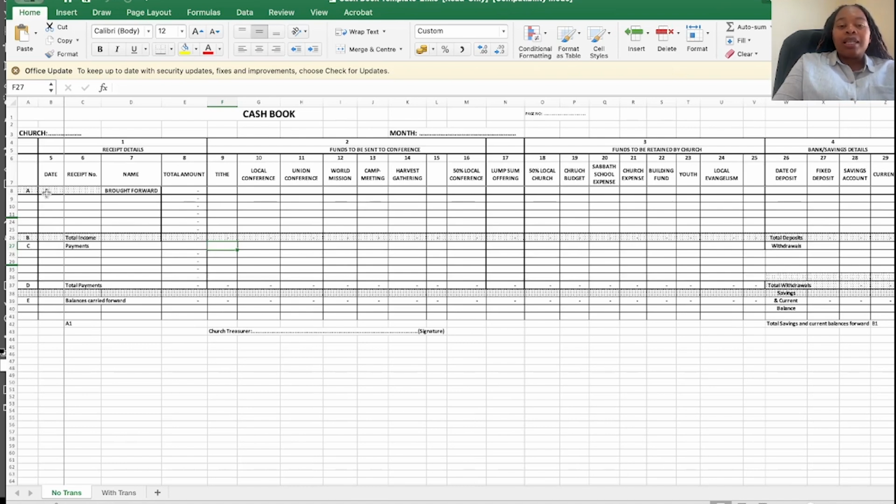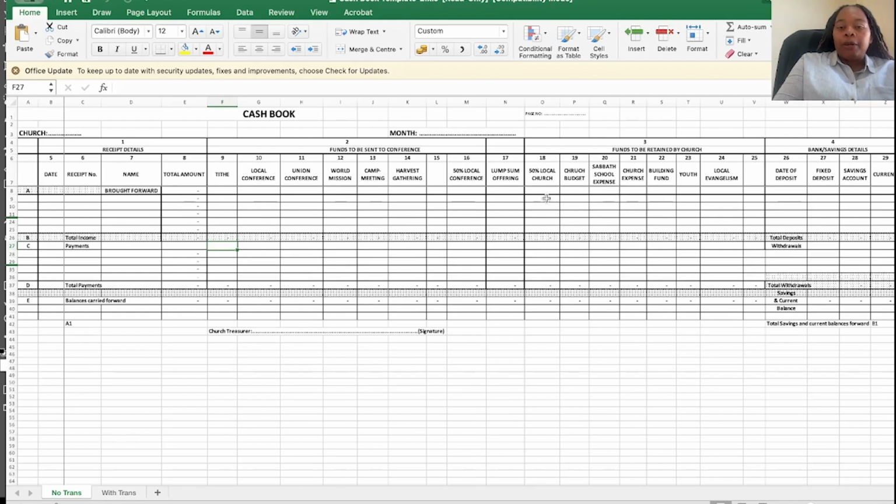You'll just take the balance from the bank statement and put it as is under church budget. But if you have a previous cash book that was done properly, you can take the balances from the previous cash book and populate each and every column accordingly. So if you don't have it, don't worry.